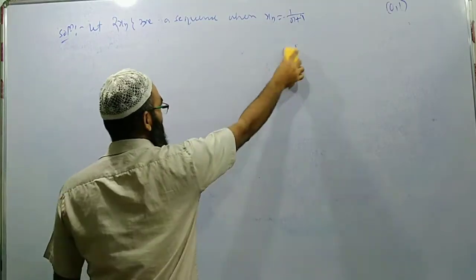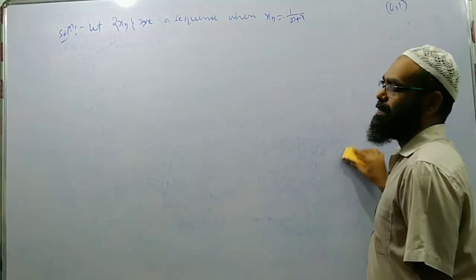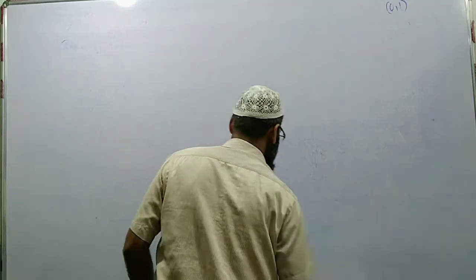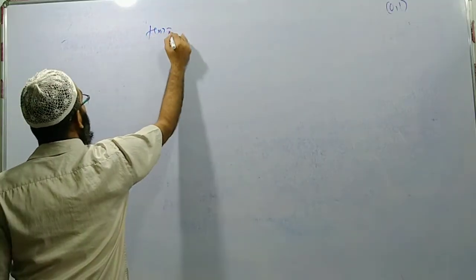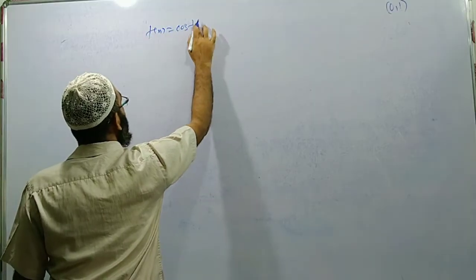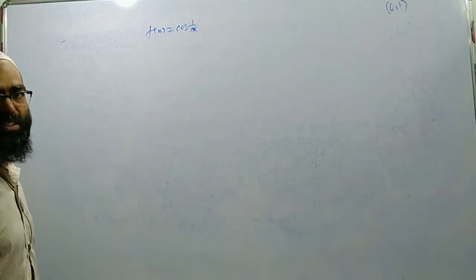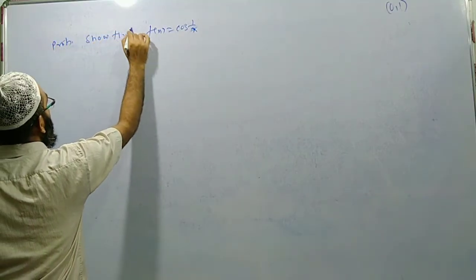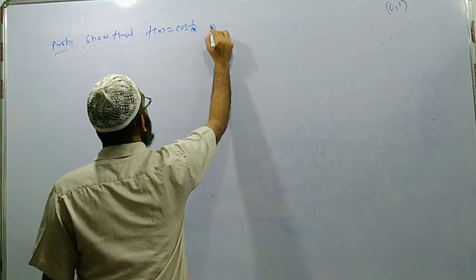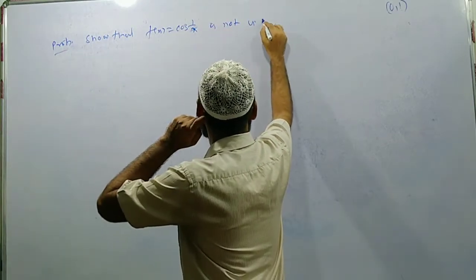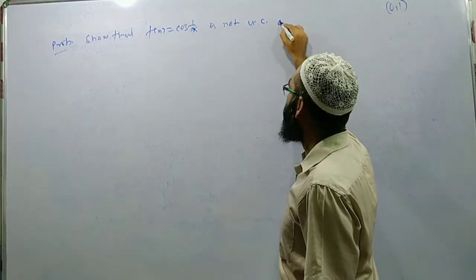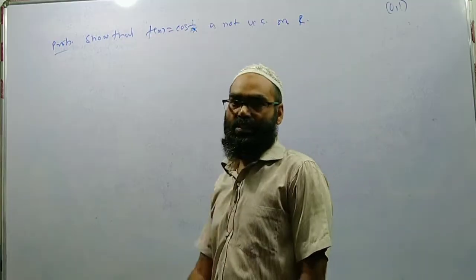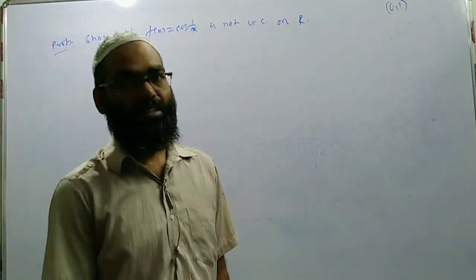Applying this technique, the concept of the sequential approach, we can also show that the function f(x) = cos(1/x) is not uniformly continuous on R. This cannot be uniformly continuous.